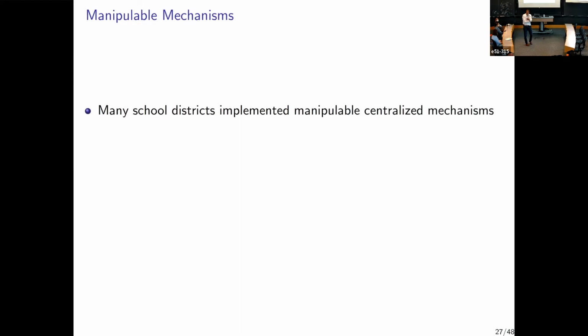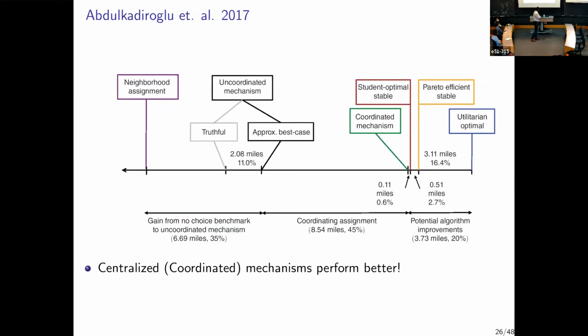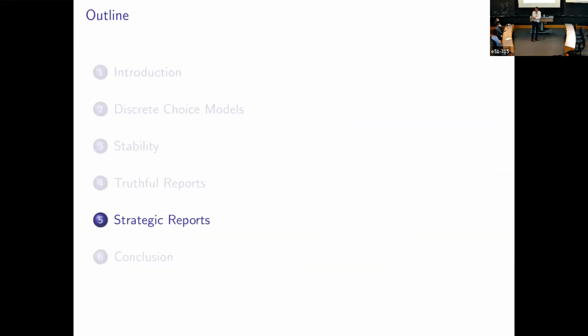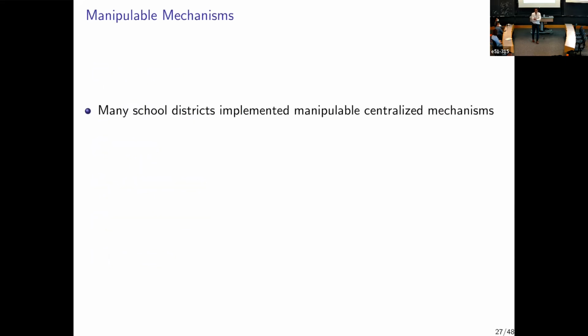So to set up the discussion, because there's so much money here, many schools, even before the paper, went ahead and centralized the allocation mechanism. But they typically weren't so concerned about the strategy-proofness property of mechanisms.